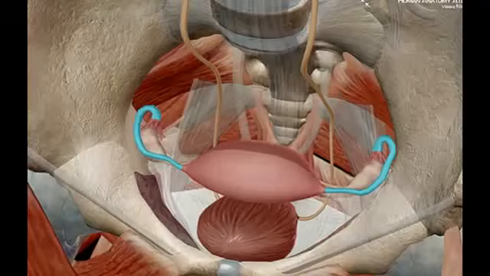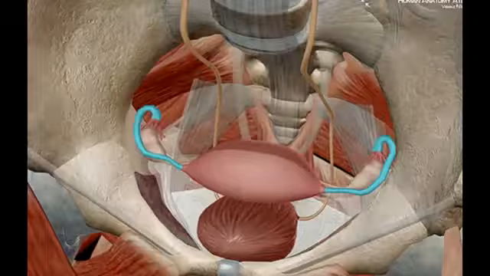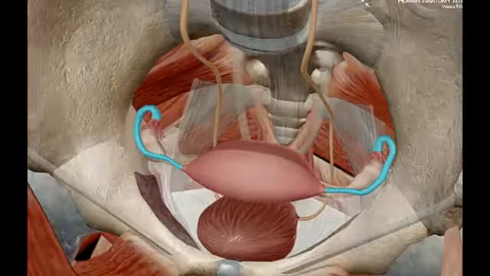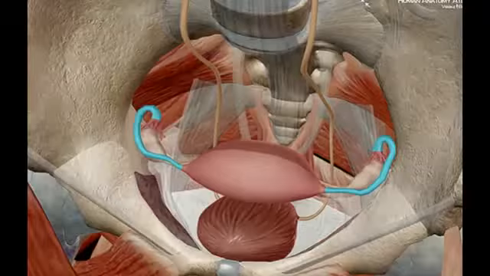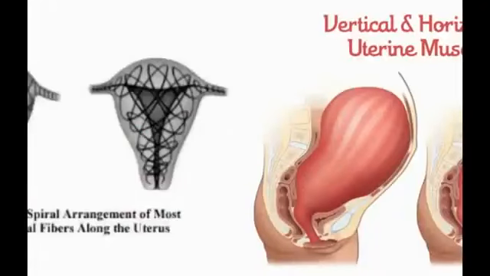Actually, you have two heart or star formations sitting one above another, which is really interesting. Then on the two corners, you have the ovary and the fallopian tubes. Then we go to the next slide.